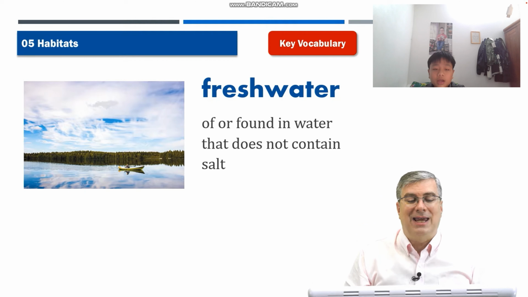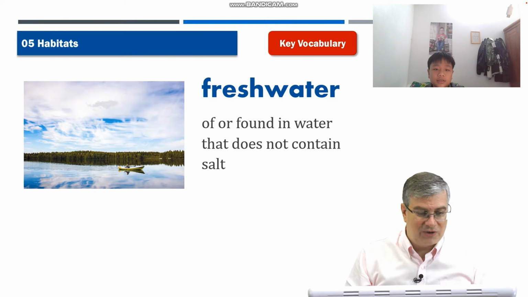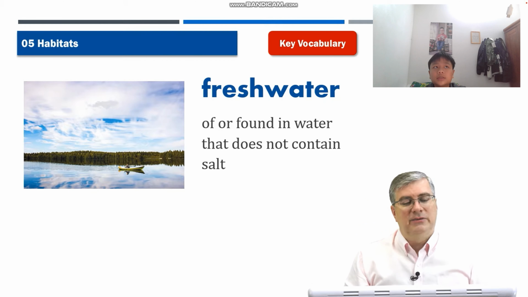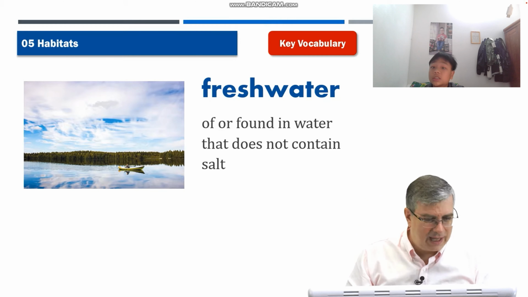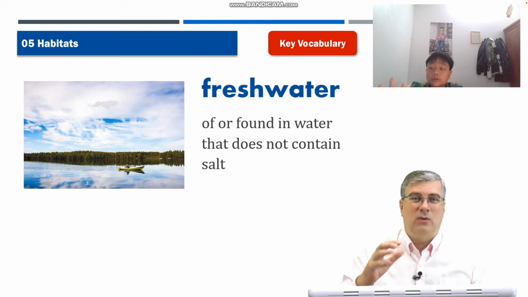Okay, so next one is fresh water. Fresh water is found in water that does not contain salt. We usually call it in Vietnamese sweet water. We can use fresh water for a lot of things.